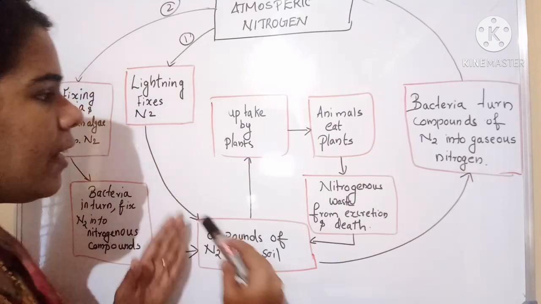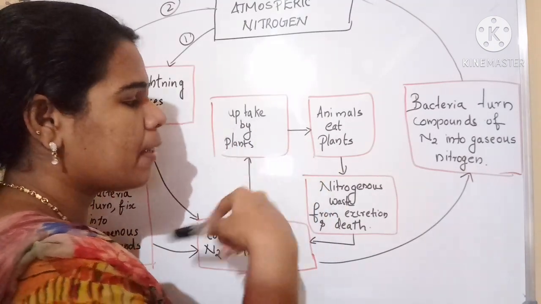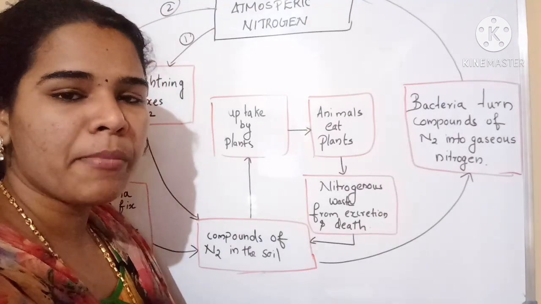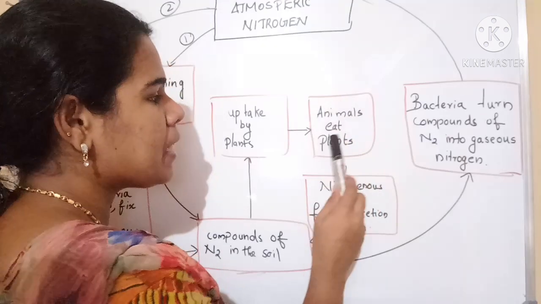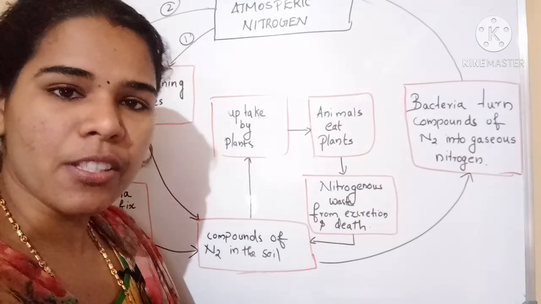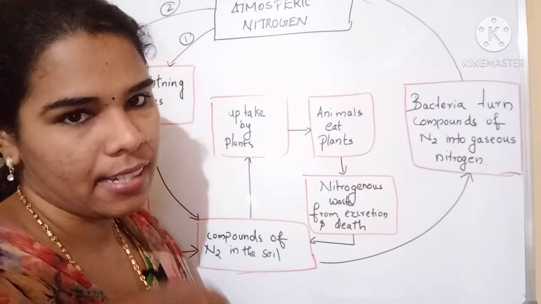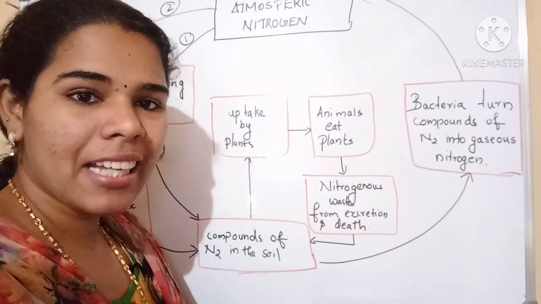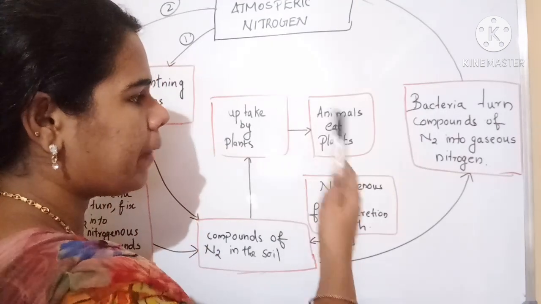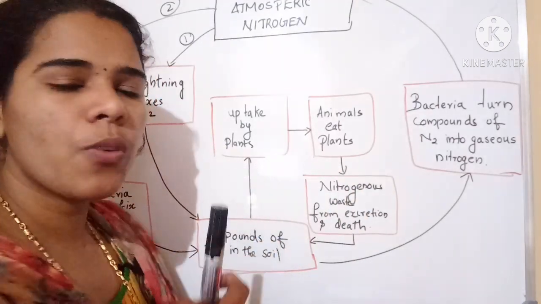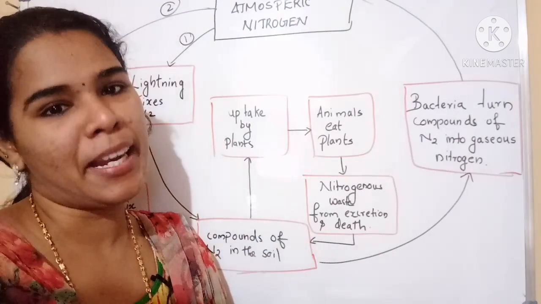With the uptake, they synthesize amino acids, vitamins, proteins, etc. Animals eat plants. All animals eat plants or they eat herbivorous animals. Carnivores only eat animals, that is, herbivorous animals.